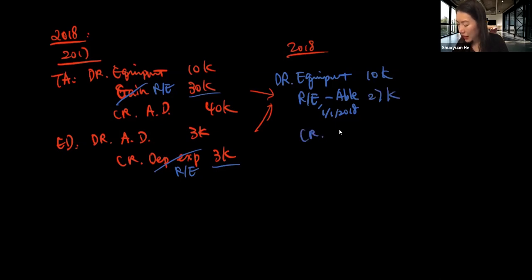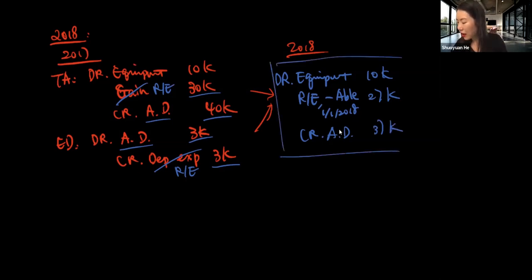And we credit accumulated depreciation 40,000 minus 3,000, so that's 37,000.